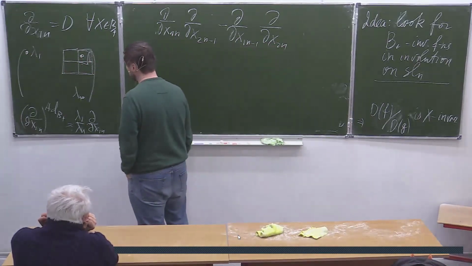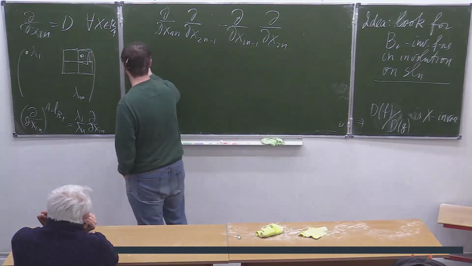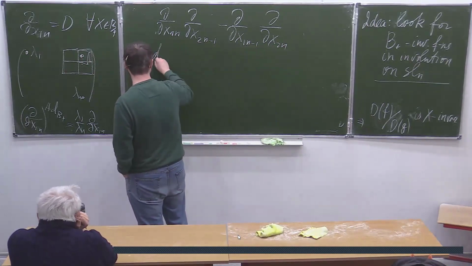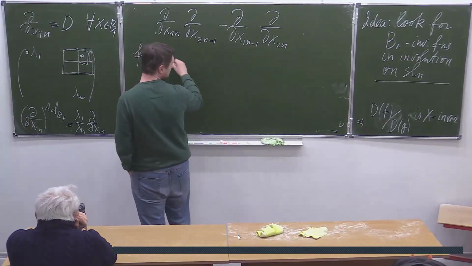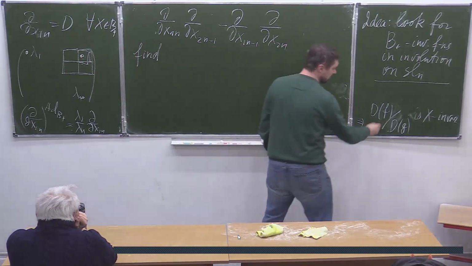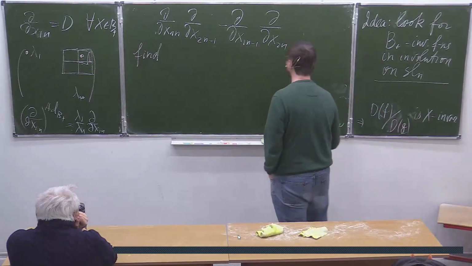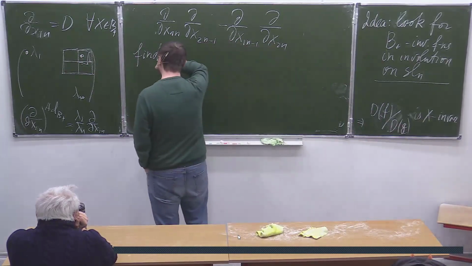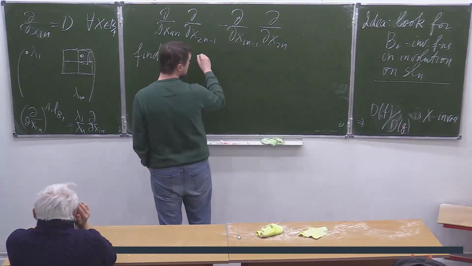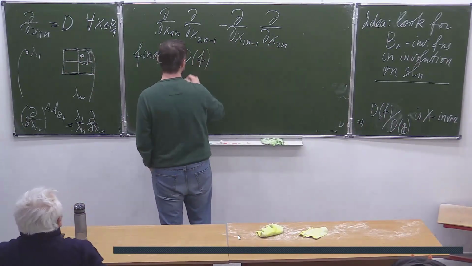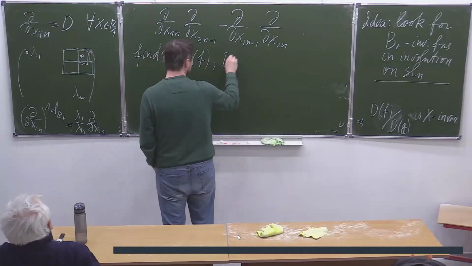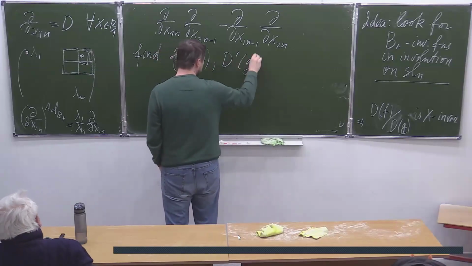Now it remains to find functions f and g, such that d of f will commute with d prime of g for such operators.